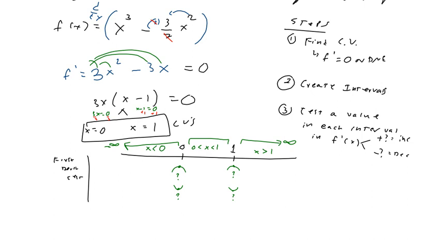So our derivative, f prime, was 3x squared minus 3x. We're going to pick some numbers in these intervals, and test it in this derivative. So what's a number in the interval? What's a number less than 0, between negative infinity and 0?